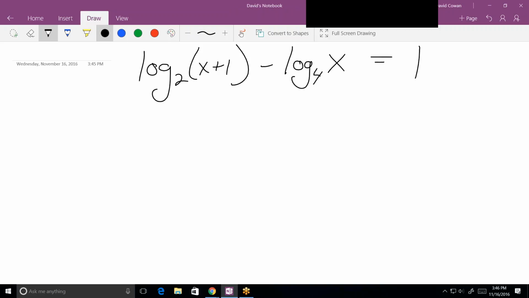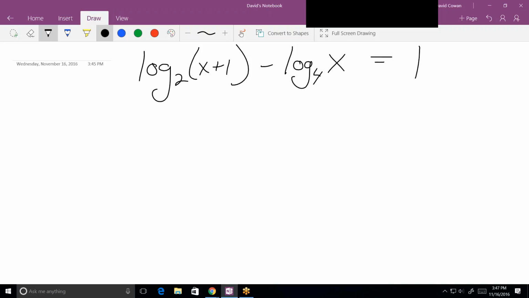Well, gosh, that has to equal 1. Well, you know what, I don't really know a way to solve this, but I know a way to play at it.